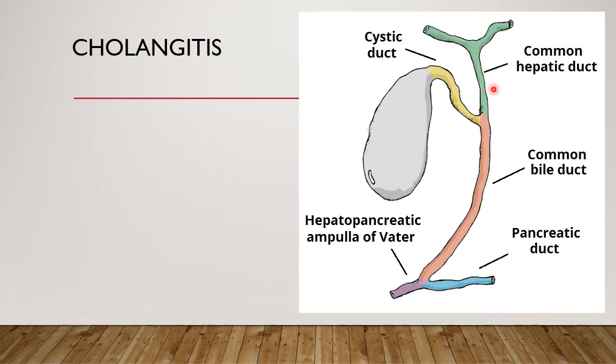Cholangitis is inflammation of the bile duct, from the common bile duct right into the intrahepatic ducts. So the whole duct system can be inflamed. There are a number of causes, but most of the time it is stasis due to obstruction at the lower end. And the most common obstruction is due to gallstone. So inflammation of the bile ducts is known as cholangitis.